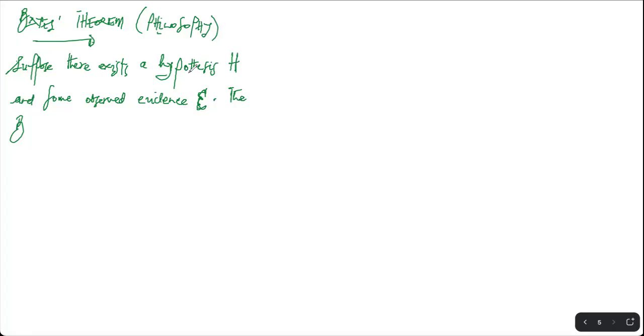It hasn't been proven, but we suppose that there may be some truth in it. But first of all, we need to test it out to establish its validity. So there's a hypothesis and some observed evidence, right? Then the Bayes theorem, right?